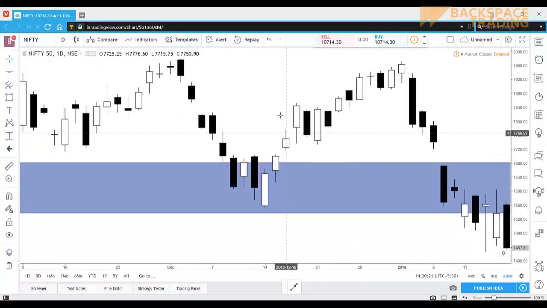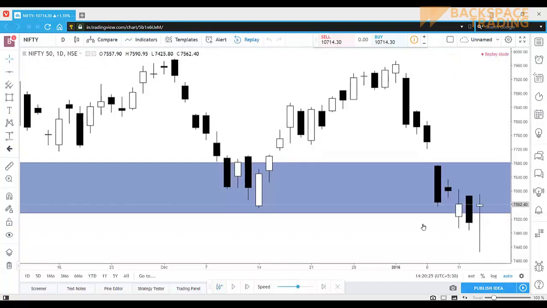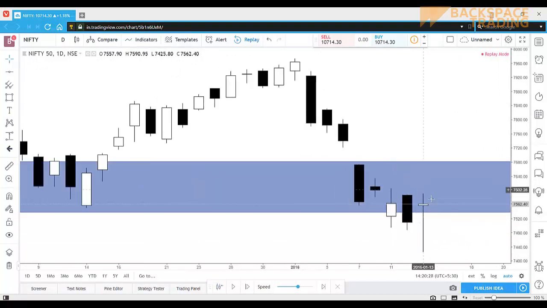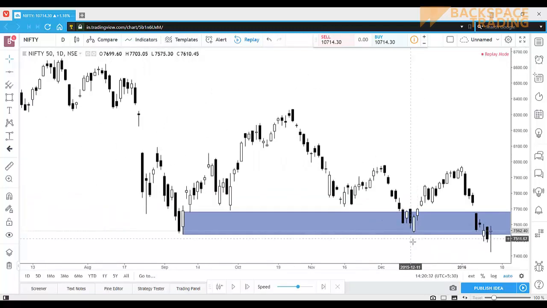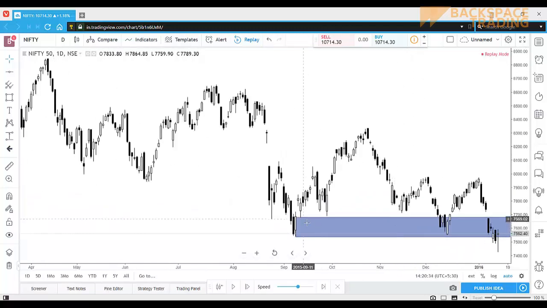Let me just put up this thing, then you will understand. This is a hammer. Anybody just trading candlesticks would simply try to buy, and here it is on a support.